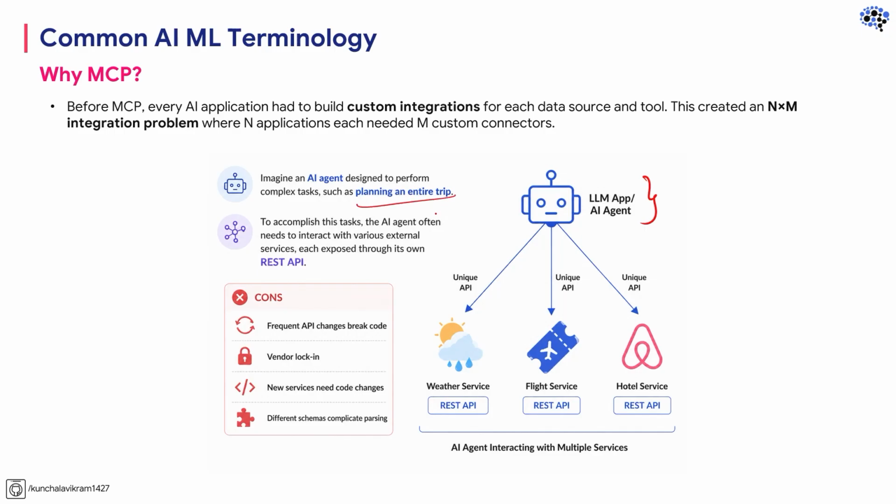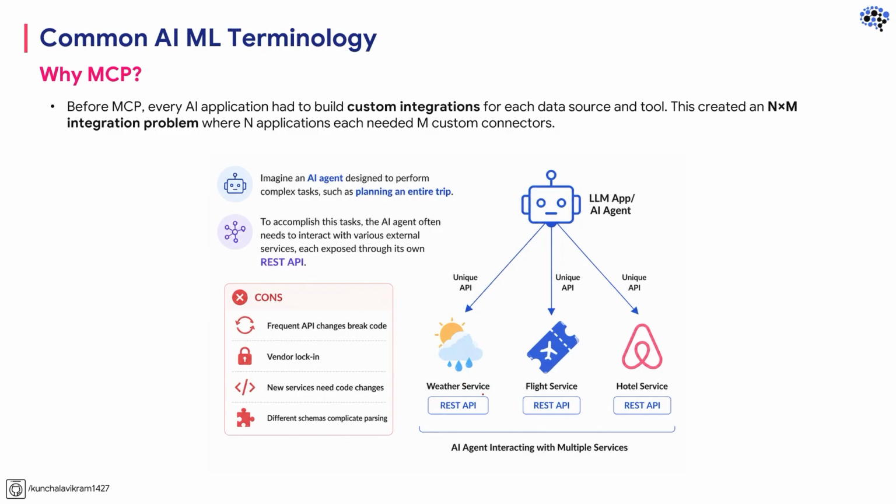For this AI to plan my entire trip, it has to know the weather, the flight services that exist, and then the hotel services that are there, right? But for the LLM to get the information on all these things, it needs to call external APIs.